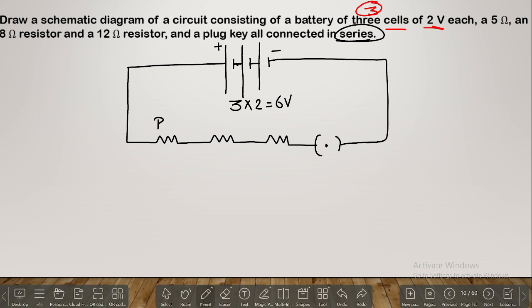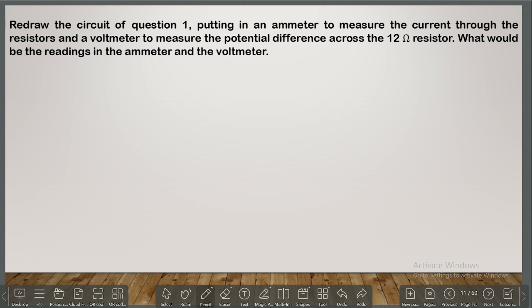So you can just write R1 is equal to 5 ohm, R2 is equal to 8 ohm and R3 is equal to 12 ohm, and here symbol K. And we need to mention the direction of current in the form of conventional current. We all know conventional current means current flows from higher potential towards lower potential.